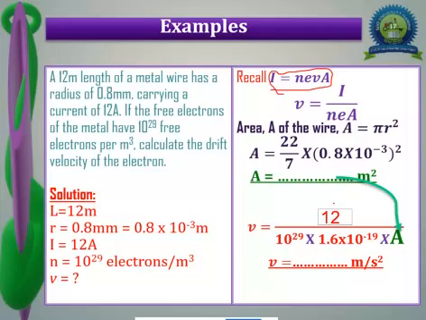Okay? Then your drift velocity can be computed using this formula up here. Is that okay? It is I over 10 raised to power 29 multiplied by 1.6 times 10 raised to power minus 19, which is your e, and multiply by A, area, which you have calculated earlier. And once you do that, you get your drift velocity and the unit will be meter per second.